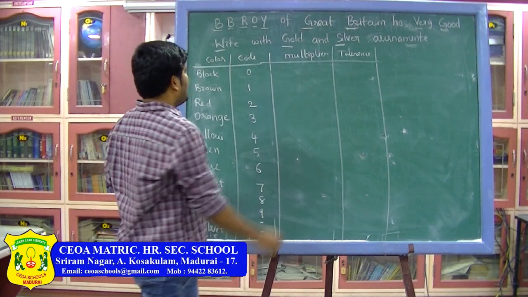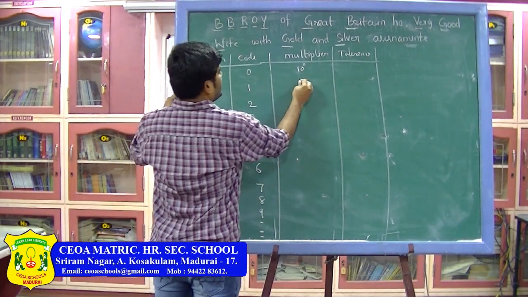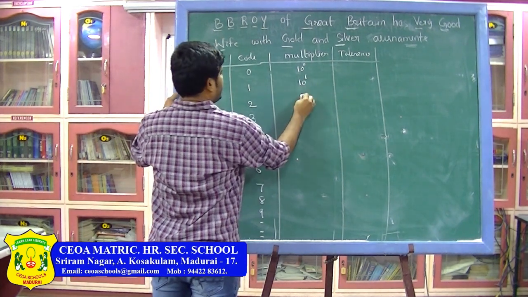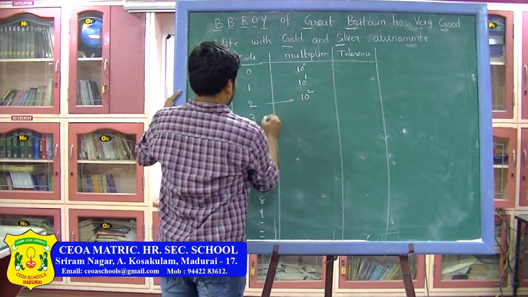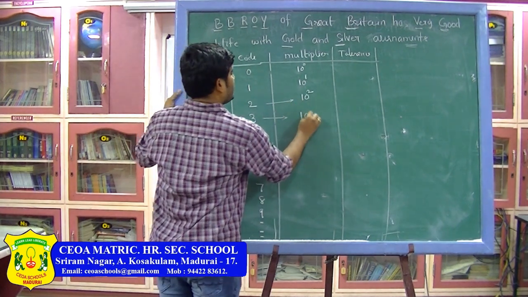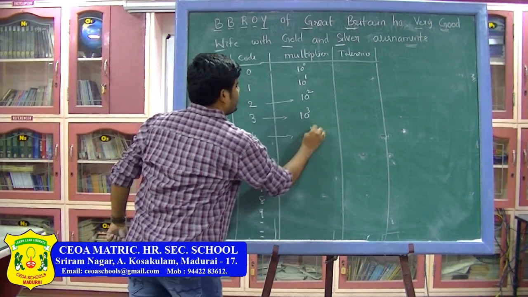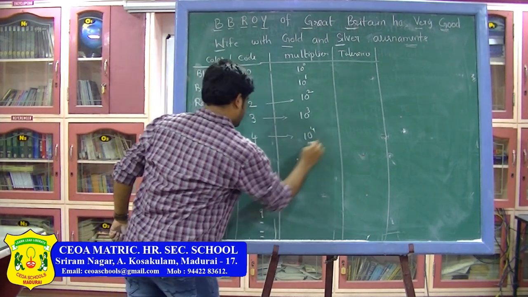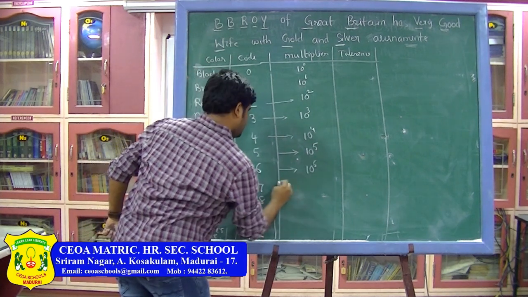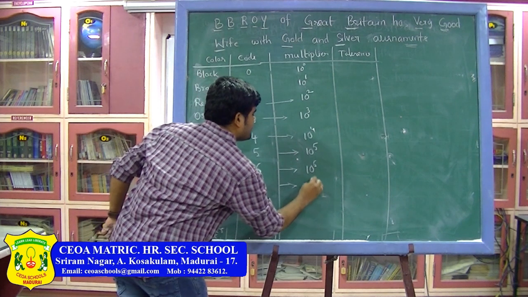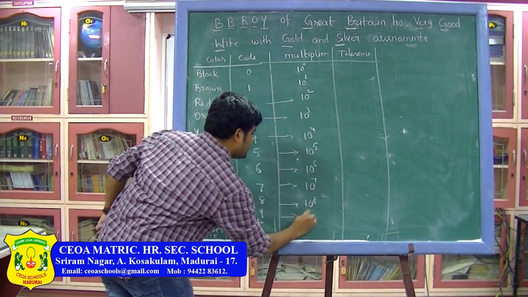Okay. Next, the multiplier. For black the multiplier is 10 power 0, for brown the multiplier is 10 power 1, for red it is 10 power 2, and for orange it is 10 power 3. Just take the same numbers and write 10 powers: for yellow 10 power 4, for green 10 power 5, for blue it is 10 power 6, then for violet 10 power 7, for grey 10 power 8, for white it is 10 power 9.